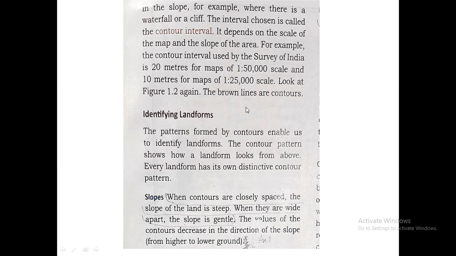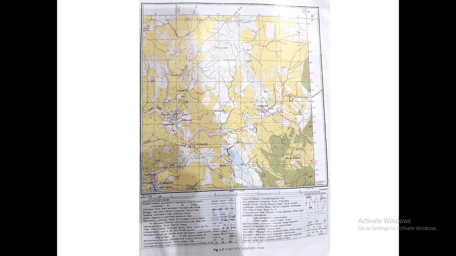The brown lines are contours. So again in this figure, you can see certain brown lines. They are the contours.